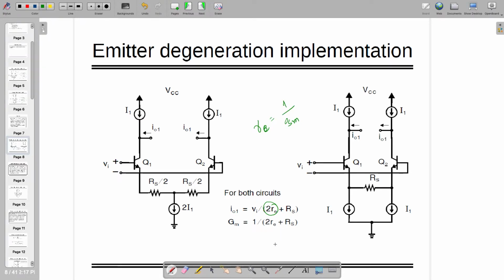Just for your information, that's why I kept this slide, just to make sure that RE is 1 by GM, right? This is for BJT, by the way. You can see this is BJT, where you are going to have one resistance which is actually 1 by GM, but we are going to redefine it as RE.